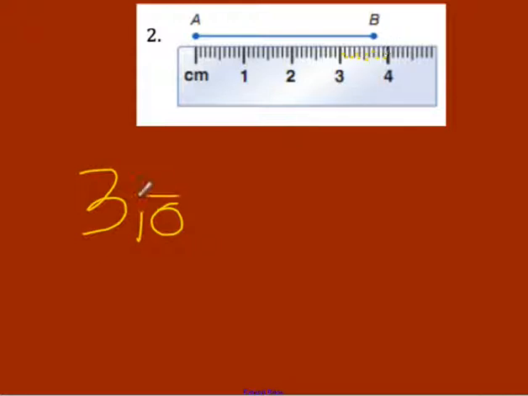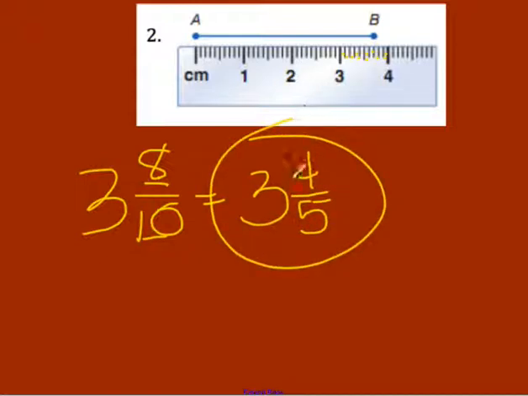So B is using 8 of the 10 lines. Now we want to make sure that we have fully reduced fractions, so we need to reduce that fraction. 8 and 10 are both divisible by 2. That's going to give us 4/5. So 3 and 4/5 would be our answer. We want to make sure we label it. Our label is centimeters.